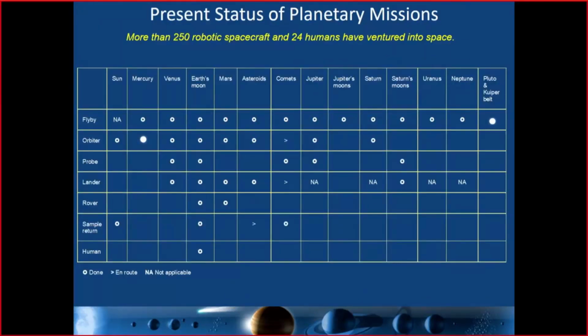If you see the different probes sent to various solar system objects and bodies, you'll find that Earth's moon is the most explored. It has been explored by flybys, orbiters, probes, landers, rovers, sample return, and even humans have gone. So the Earth's moon is the most explored, and besides that, Mars and Venus, where again many missions have gone.